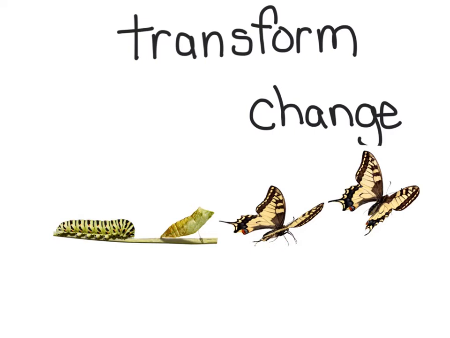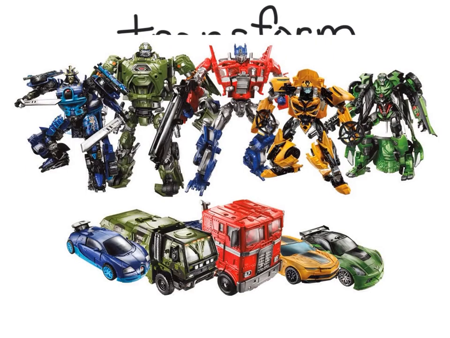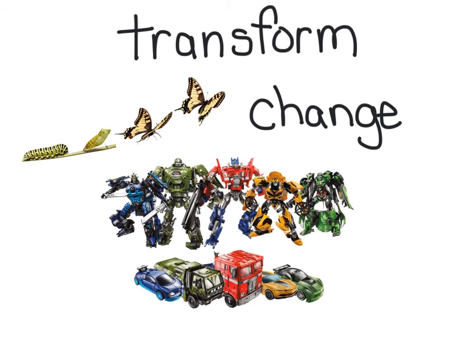Another thing that we have talked about this week as far as changing, a lot of you boys have a toy that transforms or changes from one thing to another. If you're familiar with Transformers, you know that they transform from robots to vehicles like cars and trucks. Sometimes they transform from vehicles like cars and trucks to robots.